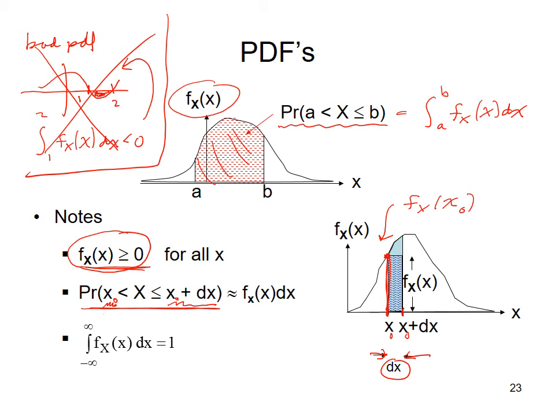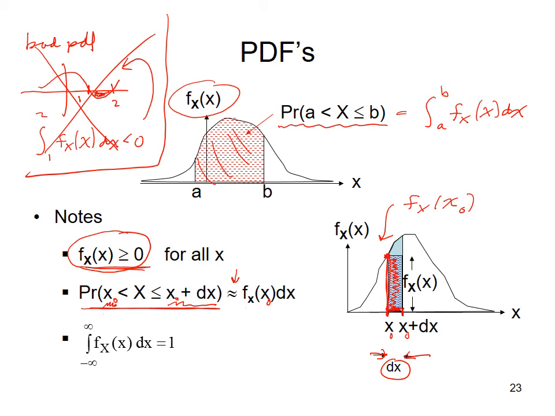The width of the rectangle is this dx, so my approximation for the area under the curve is the area of the rectangle, f_X(x naught) times dx. That's the dark shaded area here. Notice it's not quite the same as the area under the curve, that's why there's an approximate sign here. So we're approximating the area under the curve by the rectangle, f_X(x naught) times dx.